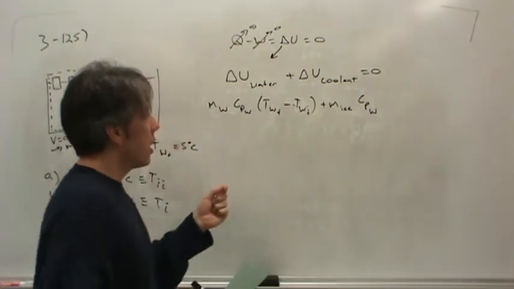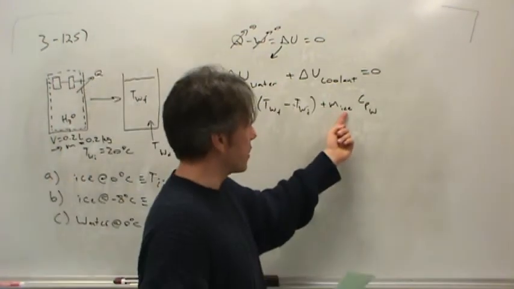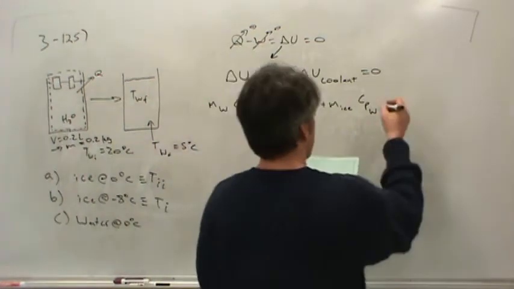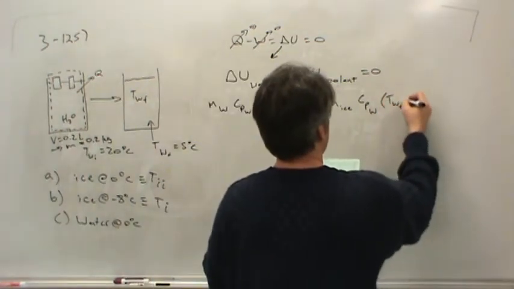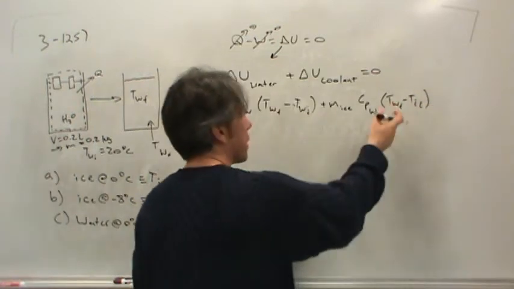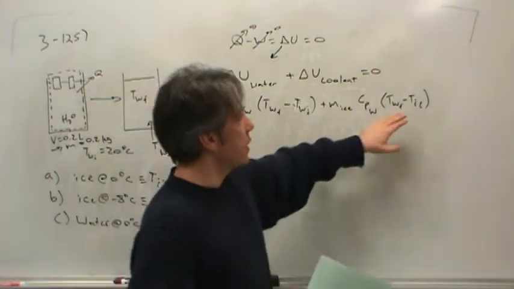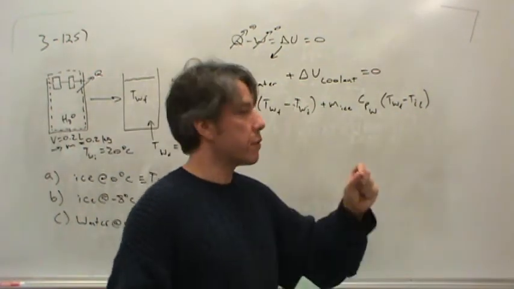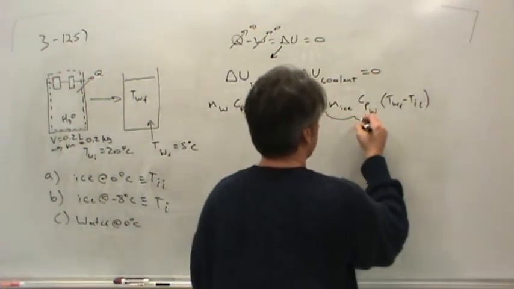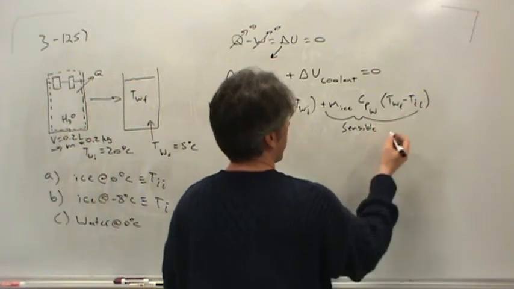So this is the ice in the liquid phase, so it should really just be the mass of the coolant times the heat capacity times the temperature change, because it has to go from the initial temperature of the ice, whatever that may be, to the final temperature of the water. So the ice, after it melts, understand, is going to change temperature from 0 degrees to 5 degrees, and that's what this piece is taking care of. So this is the sensible energy change of the coolant.